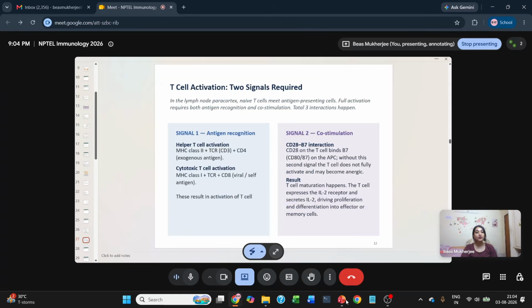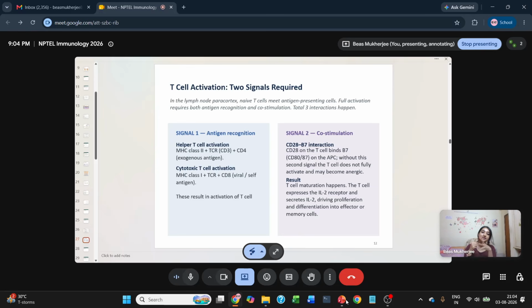Now, we will talk about T cell activation and the two signals that are required for T cell activation. This single positive T cell, with its lineage fixed, comes to the lymph node. In the lymph node, it meets these antigen presenting cells presenting the antigen using MHC class 1 or class 2.